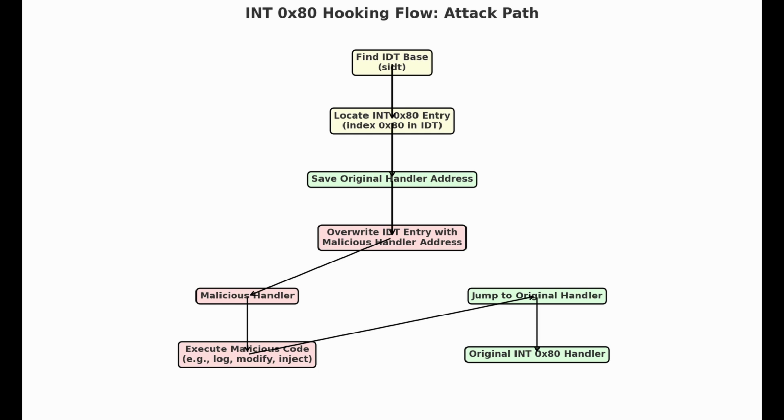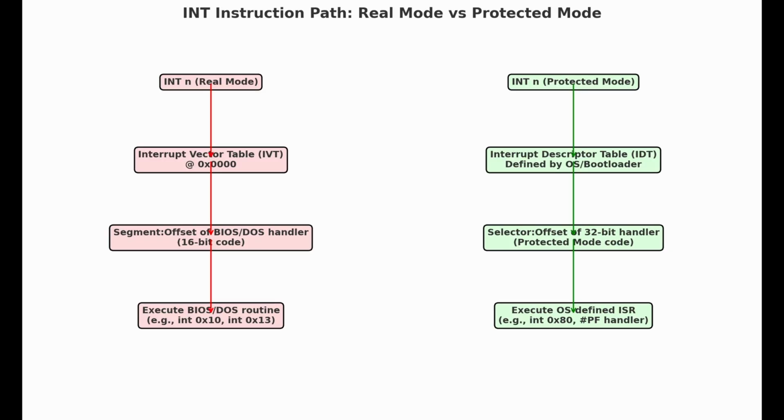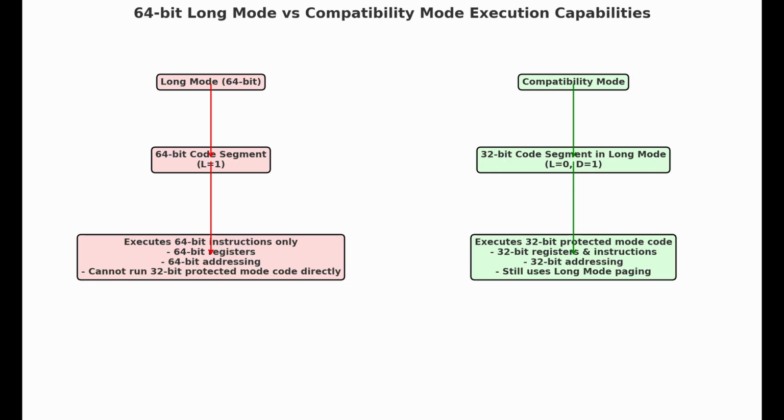In real mode, that isn't as dangerous because 16-bit code can't directly run in protected mode. But in protected mode, and even in modern 64-bit long mode, the same technique applies. That's why this stage of the boot process is one of the most contested areas in modern computer security.